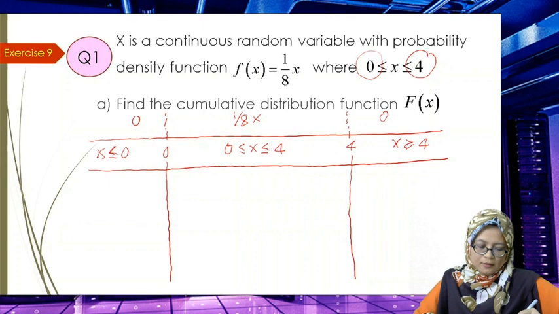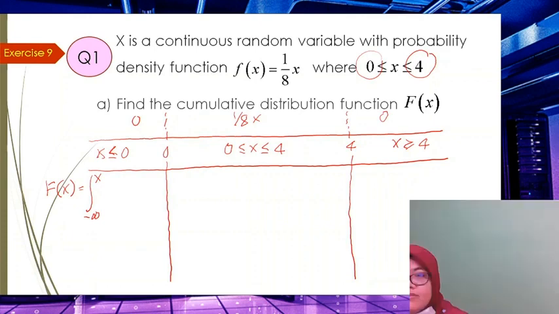Okay, so untuk first interval, kita akan integrate daripada negative infinity until x. Negative infinity until certain value. So certain value tu adalah x. X tu adalah nilai yang kita tak tahu sampai berapa.